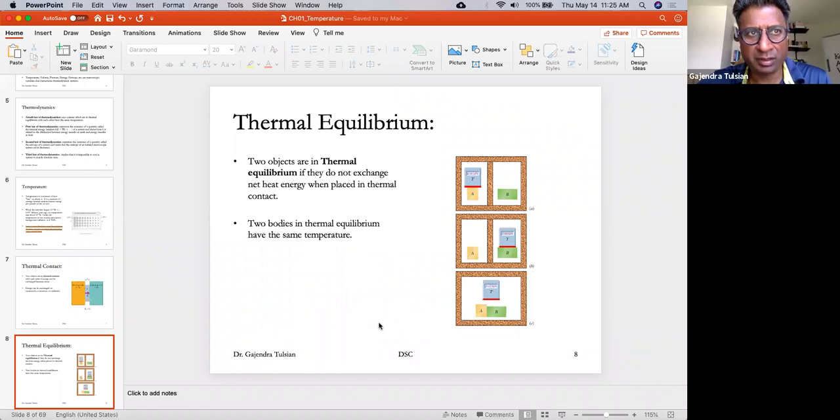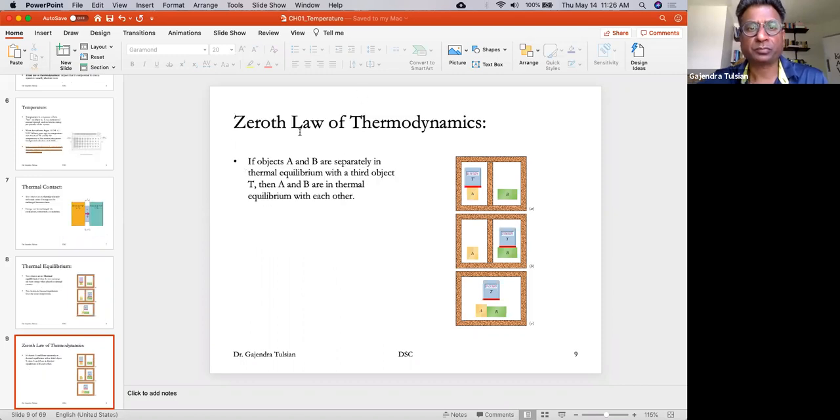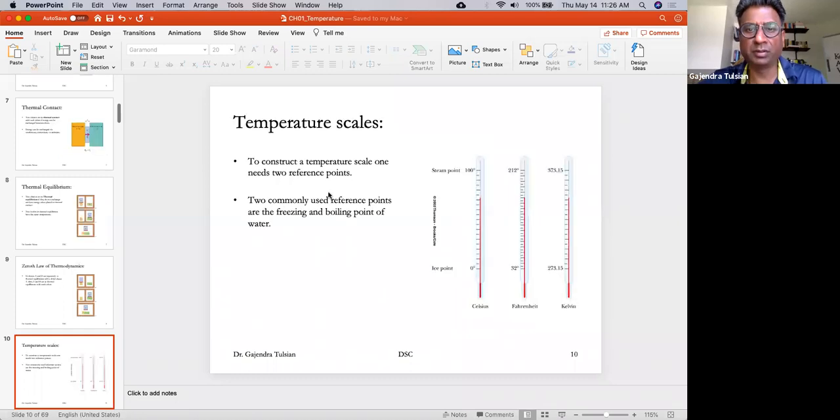You, on the other hand, are at a warmer temperature than all the inanimate objects. So two bodies in thermal equilibrium have the same temperature. That's what the zeroth law of thermodynamics states. If two objects are at the same temperature, they're in thermodynamic equilibrium and there's no net exchange of heat. You guys can read that.